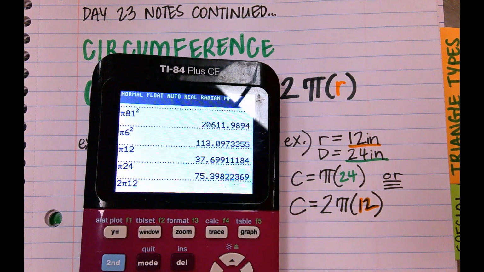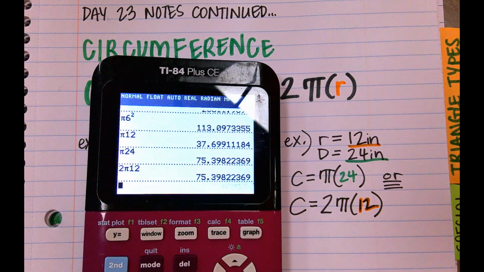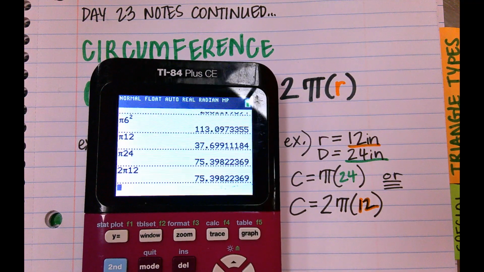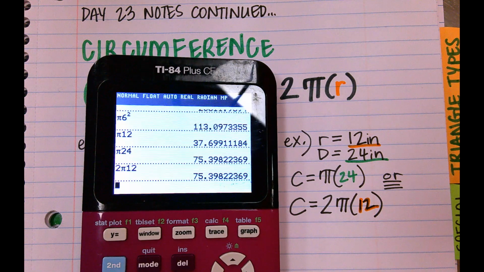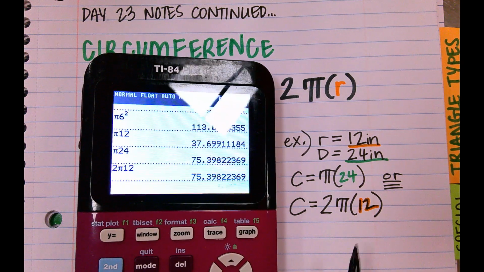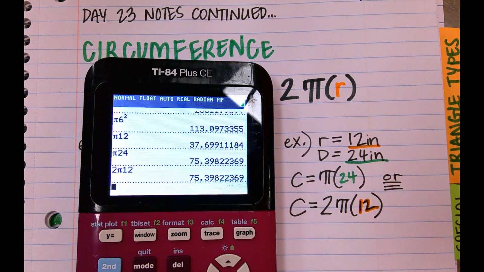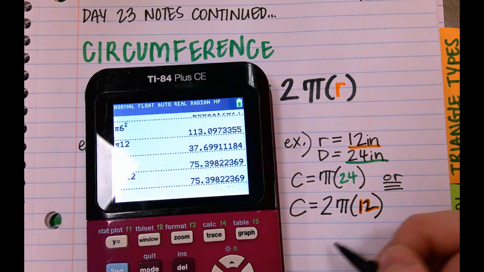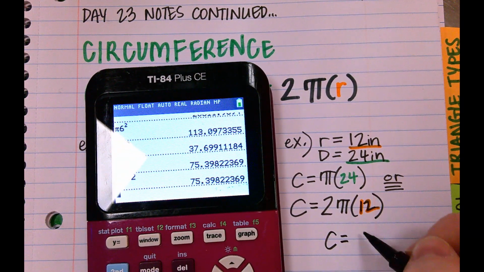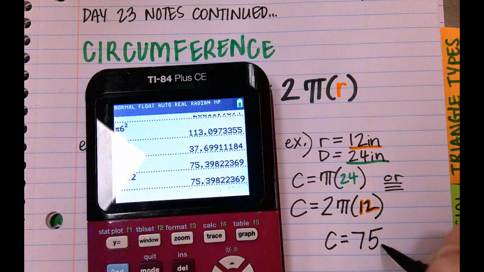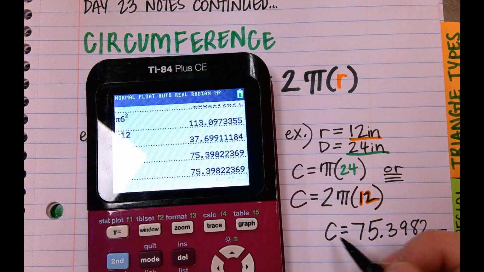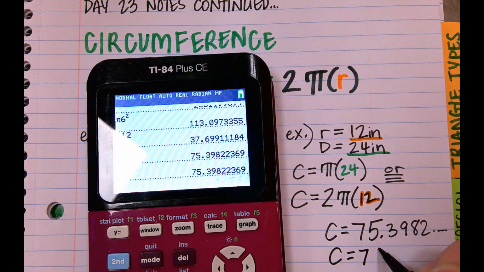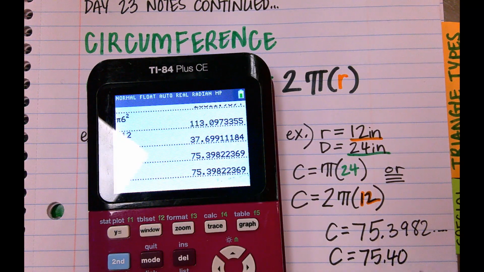I get the same thing. So you can use either one. I don't care if you find diameter first and then use that formula, or if you just type in the 2 pi and use the radius. Both ways will work. So both ways, my circumference will be the same, 75.3982, or 75.40. And it's a length, so it's good.